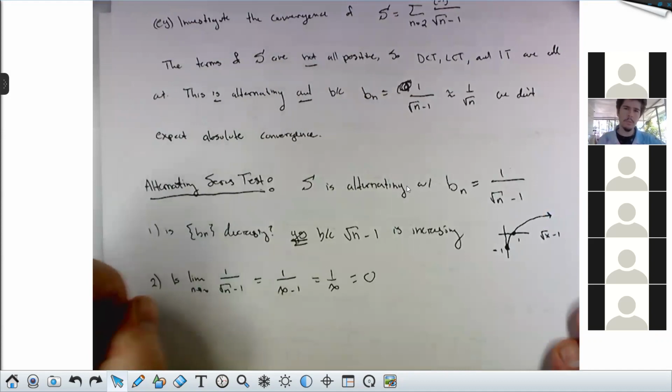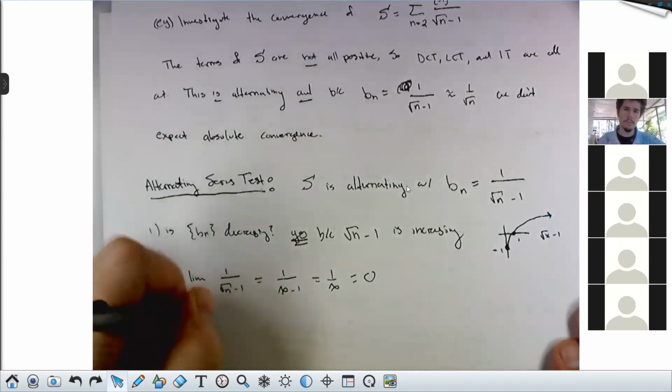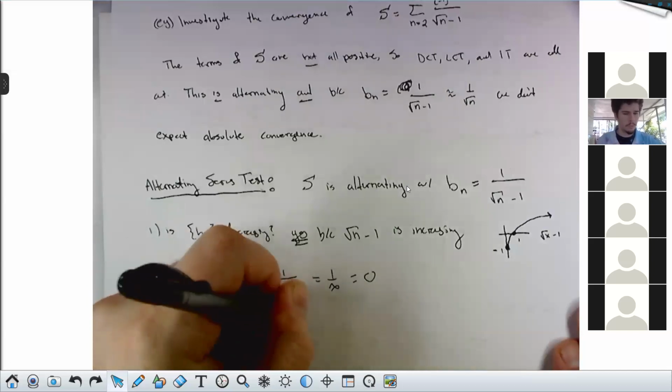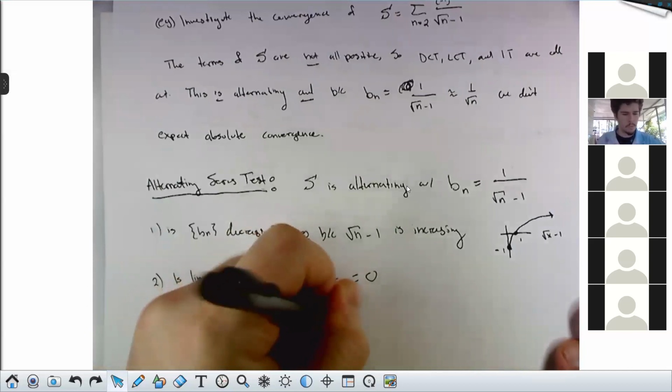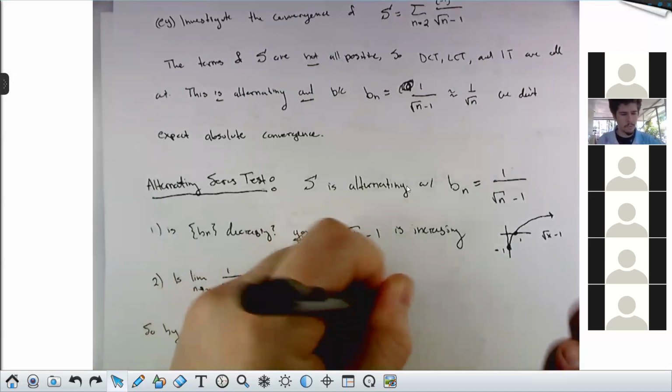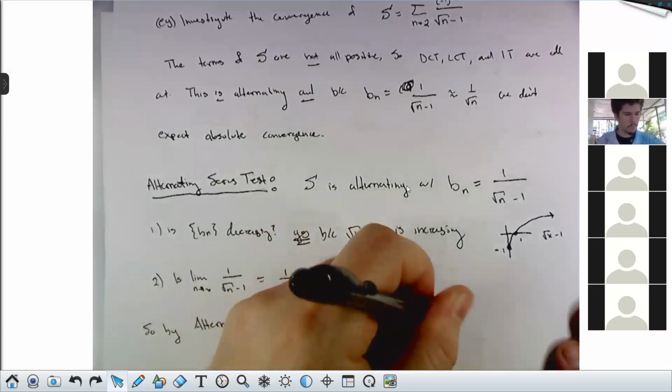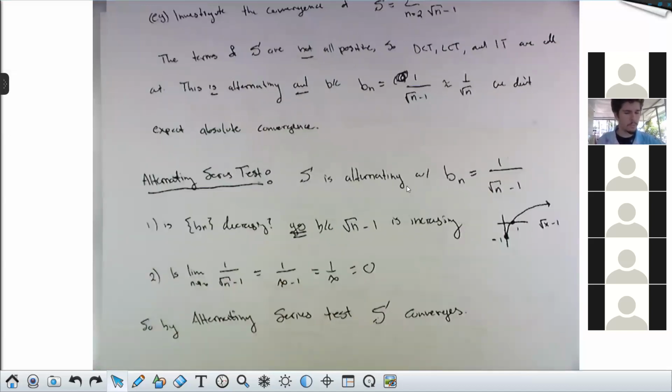So by the alternating series test, the series S converges. The fact that the convergence is conditional could be sorted out as well.